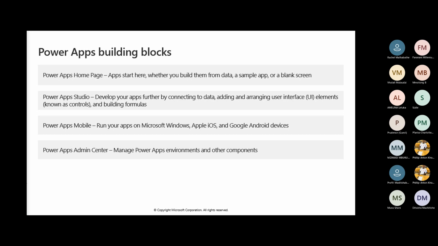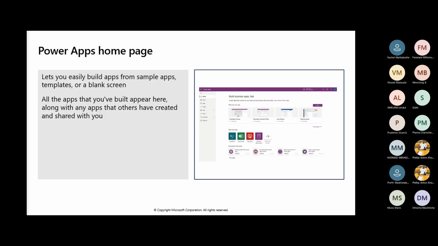We also have Power Apps Mobile, which runs your apps on Microsoft Windows, Apple iOS, as well as Google Android devices. And then we also have Power Apps Admin Center, where you can manage apps, environments, and other components. Okay.